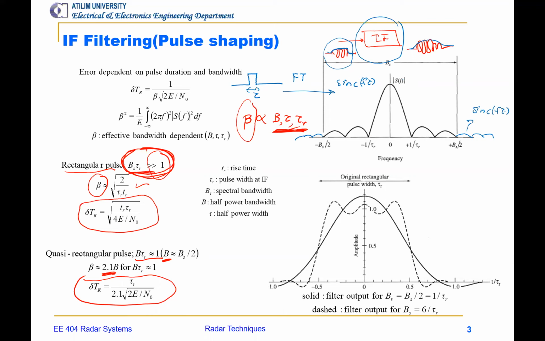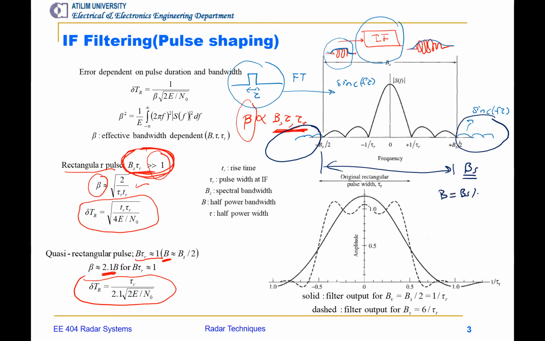Now, at the IF stage, we somehow make this rectangular pulse band limited. We cut out these side lobes and take this part only, which is B_S, okay? And if we consider the positive side only, then its bandwidth is going to be B_S over 2, okay? So this is what we do here.